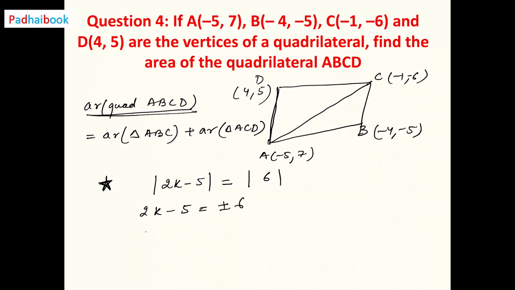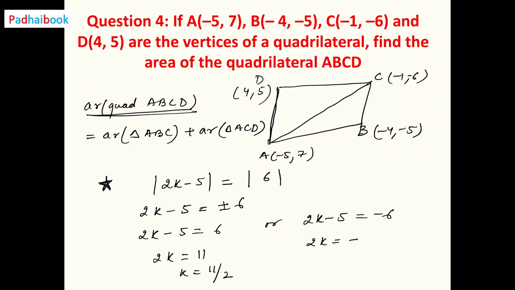So let me put it over here. First form will be 2k minus 5 is equal to 6, and the second will be 2k minus 5 is equal to -6. Right. So here I get 2k is equal to 11 and k will be equal to 11 by 2. Similarly, here I get 2k is equal to -1 and k is equal to -1 by 2. In that case, if you have a modulus sign on both sides, then you will get two values of k. I hope you are able to understand this concept.